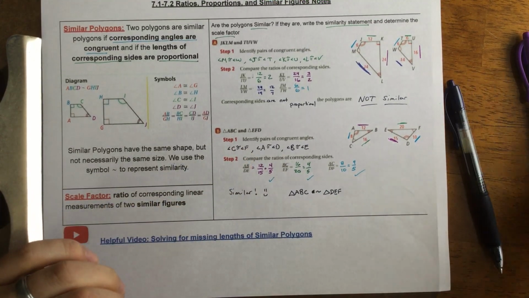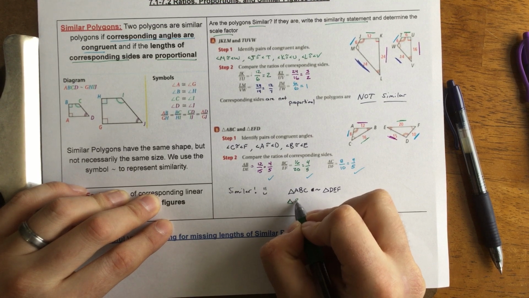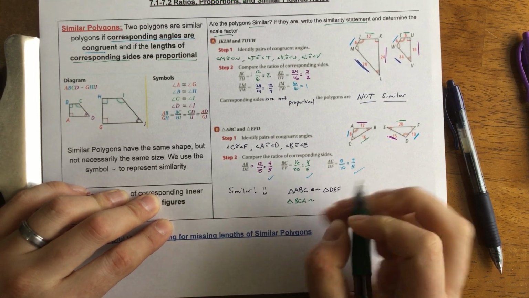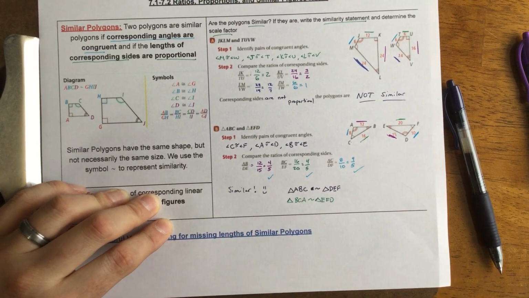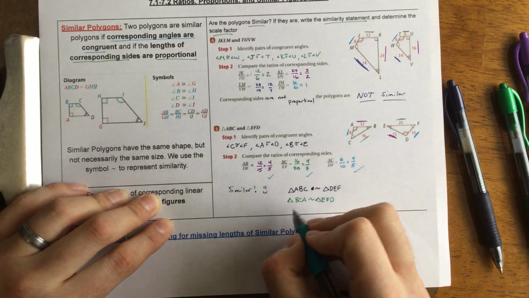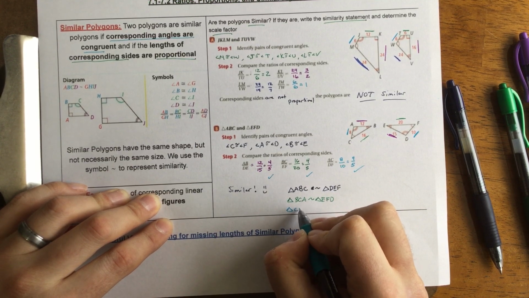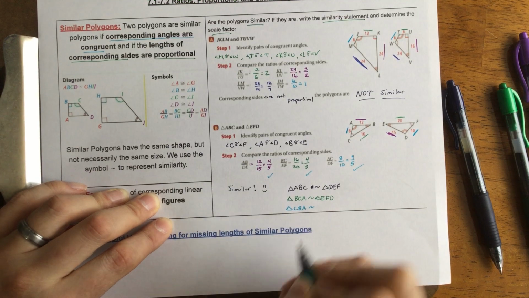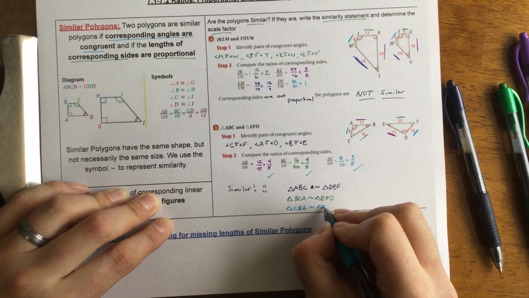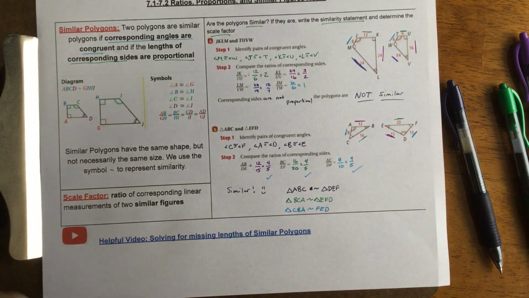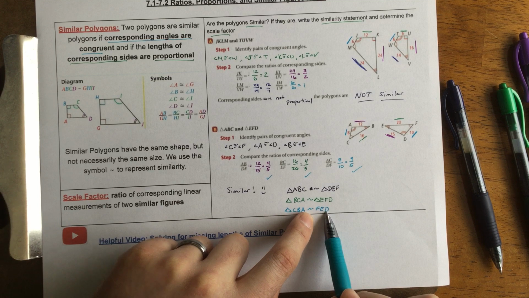You could have written a similarity statement like this instead: triangle BCA is similar to triangle EFD. That would have worked. You could have said triangle CBA, and if you say CBA, it would be FED. All of those similarity statements work as long as you are matching the corresponding parts.